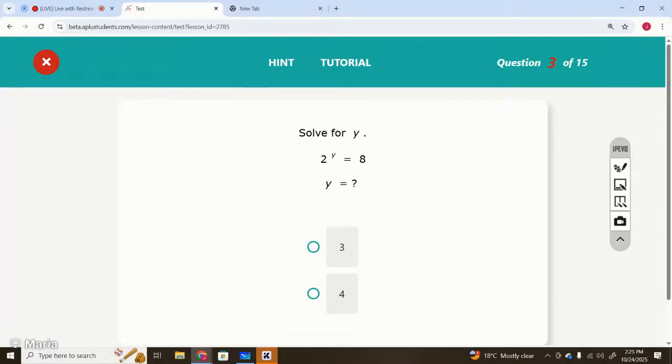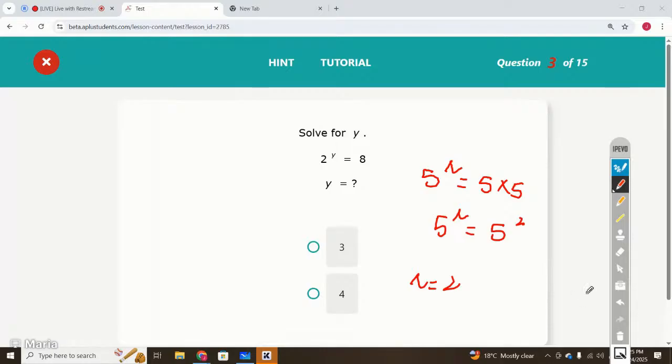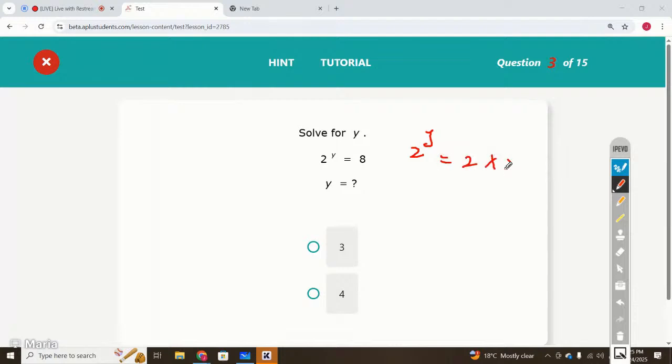Solve for y. 2 exponent y equals 8. 2 exponent y equals 2 times 2 times 2.